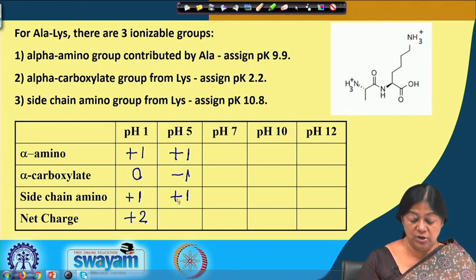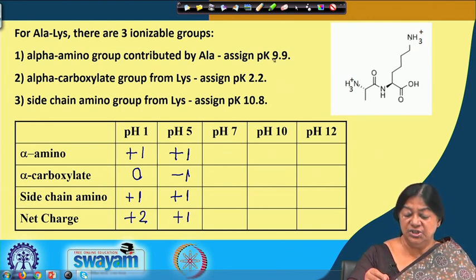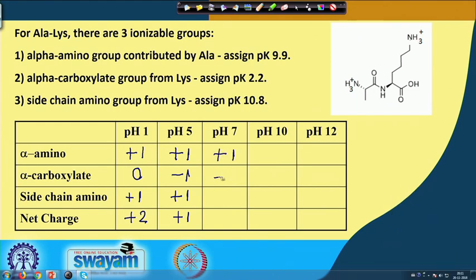So, what is the overall charge? It is +1. We go to pH 7, but do we have any changes at pH 7? No. So, it remains in the same condition where we have the same charges. We can write the same charges out and it is still +1. So, there is no change here. As soon as we come to pH 10, what happens is we lose this.